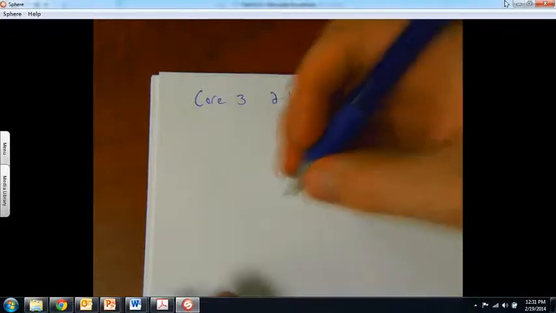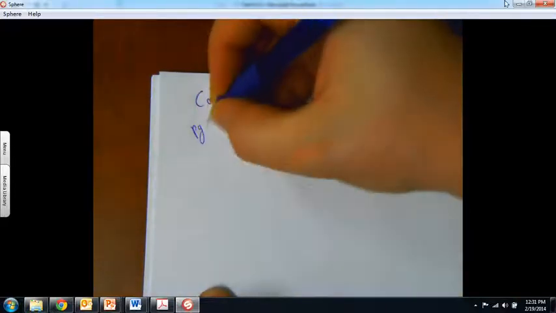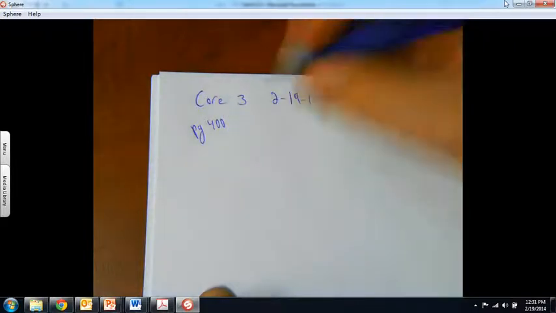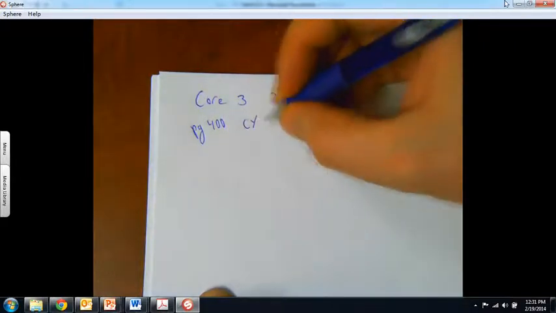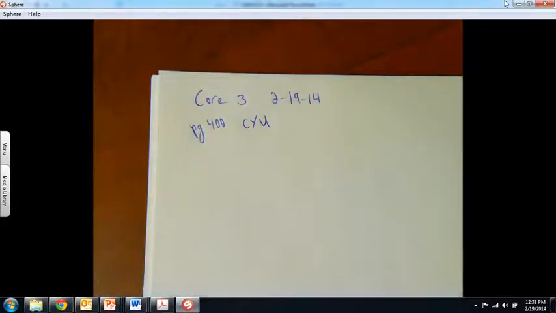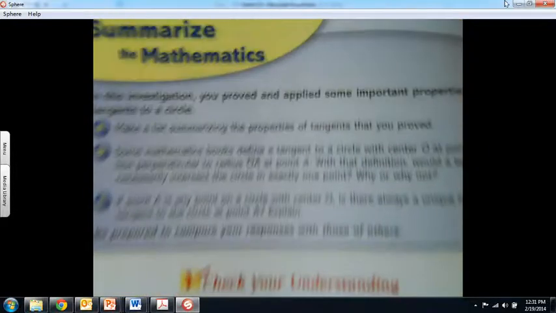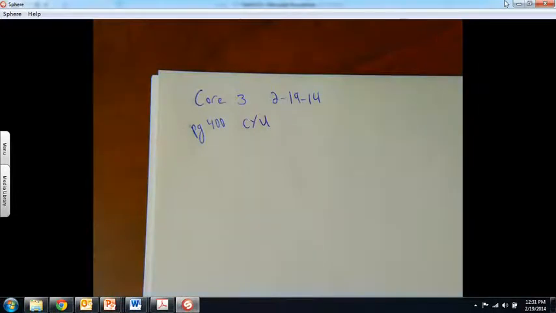First problem we are doing is from page 400, and it is the check your own understanding problem. So it doesn't really have a problem number, it's labeled check your understanding. This is what it looks like. Now, this problem is talking about the Earth, so a nice big circle.